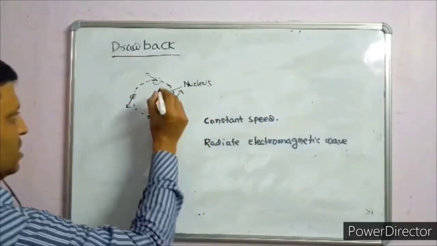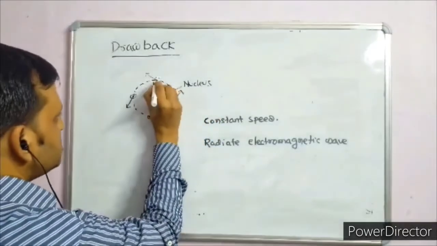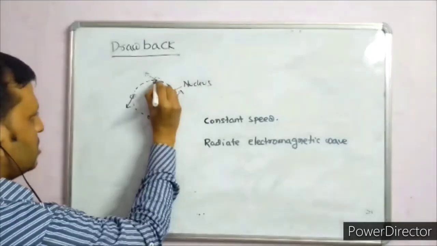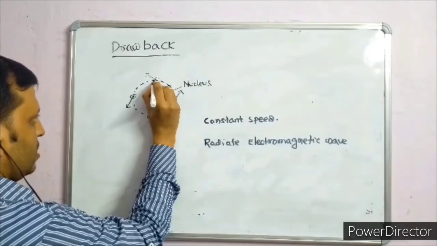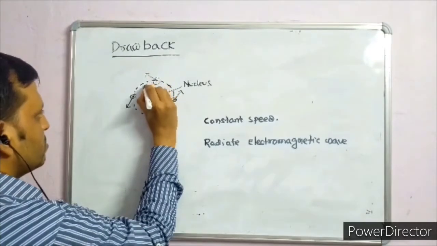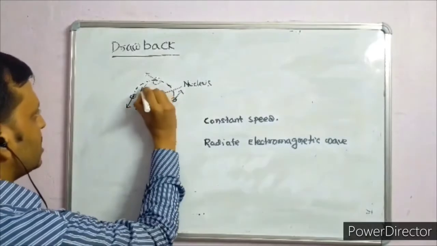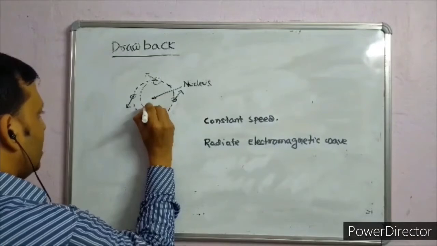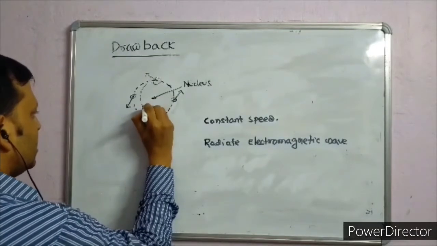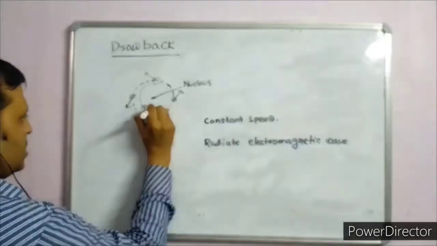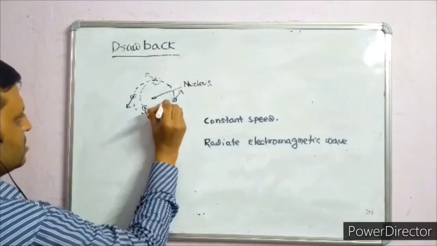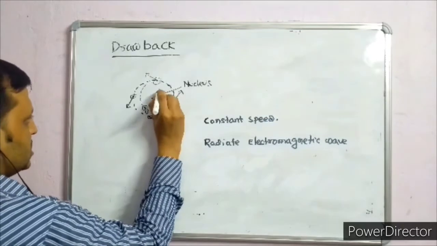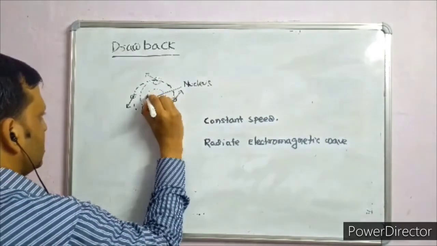Let us assume that from this point the electron starts radiation. From this point onwards, the electron should move in a path having radius lesser than the original one. Let us see what happens. Let us say at this point again the electron radiates. So after this point, again the radius of the circle should decrease.